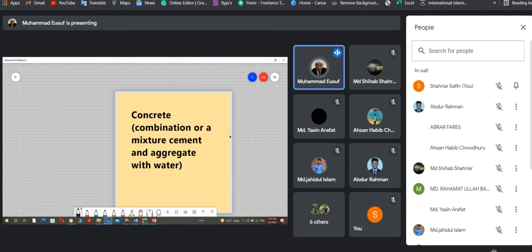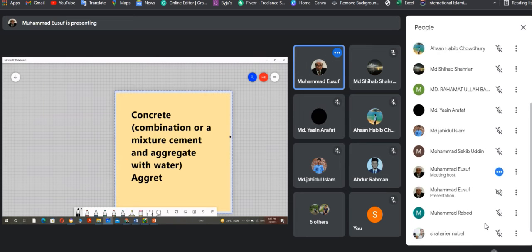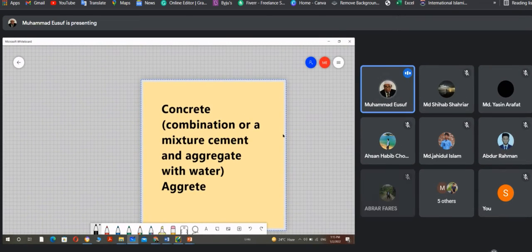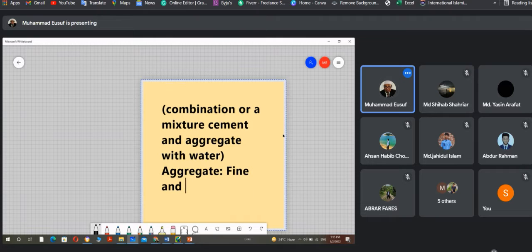Yes. Aggregate: there are two types, fine and coarse, C-O-A-R-S-E, coarse.